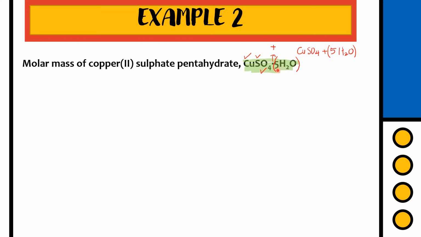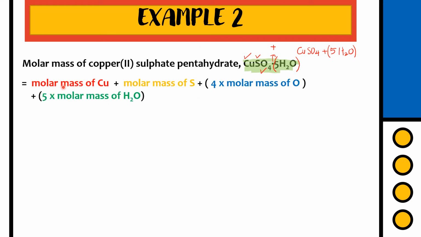Okay, tapi kita takkan kira dia 5 oksigen itulah. Kita akan kira dia as H2O. Okay, apa yang saya masukkan dekat sini? Okay, so macam yang saya beritahu tadi, kita ada molar mass of copper, 1 sulfur, 4 times molar mass of oxygen sebab ada 4 dekat sini. Dan yang dekat sini warna hijau ni dalam kurungan is 5 times molar mass of H2O. Okay, jadi kita kena kira berapa molar mass H2O dekat sini.